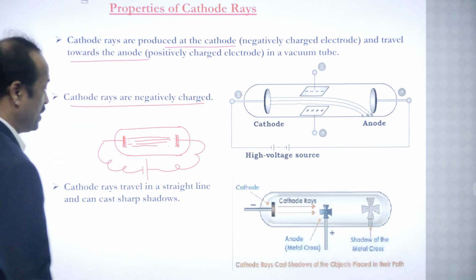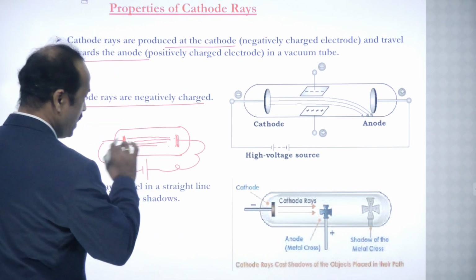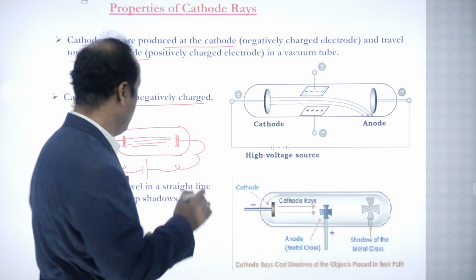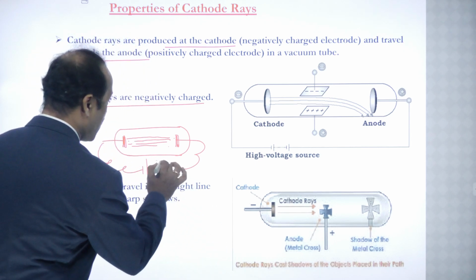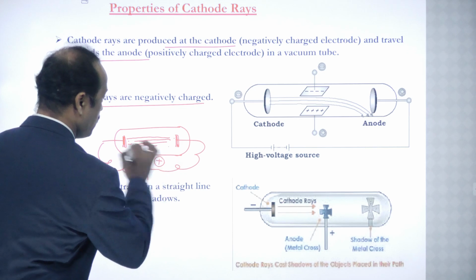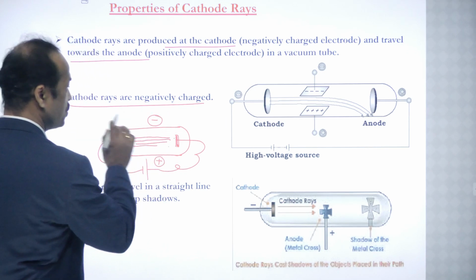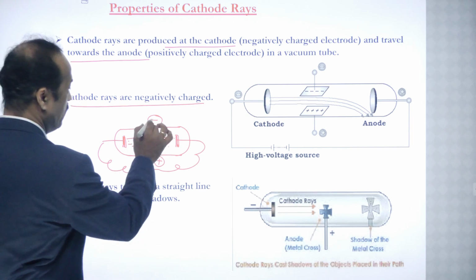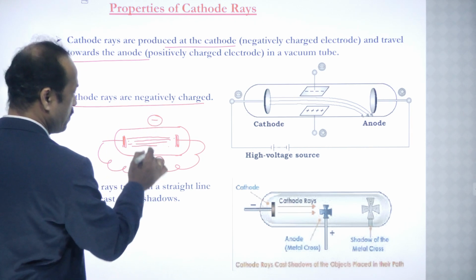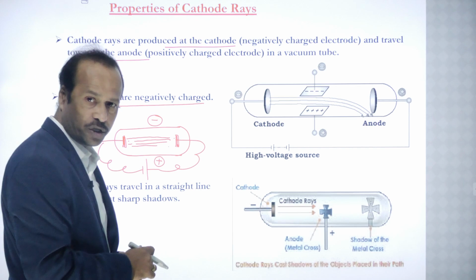Now he arranged the positive charge on one side, perpendicular to the discharge tube, and the negative charge on the other side. He arranged two plates, positive and negative, perpendicular to the cathode ray tube.